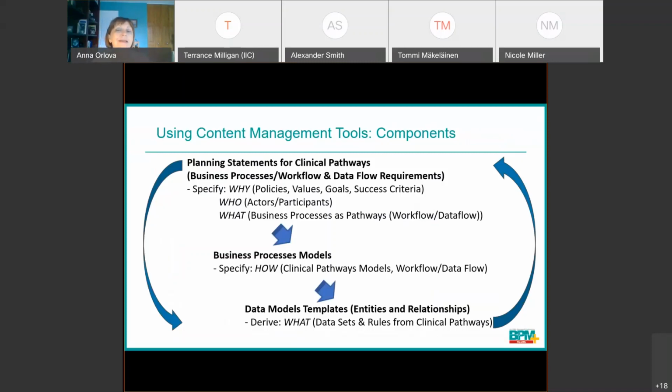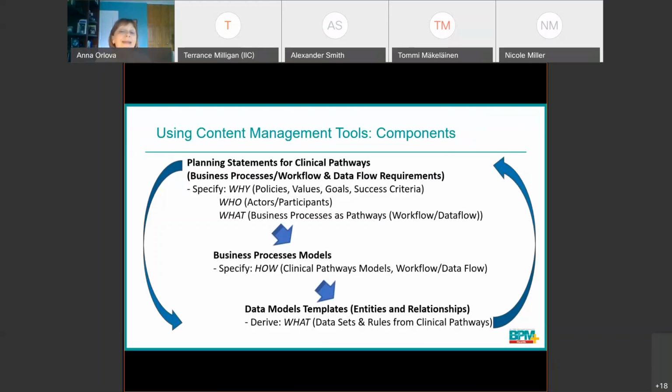And those clinical statements were focused on identifying the policies, the participants, and specific business processes, answering the questions of why, who, and what needs to be done in the particular business case. And then we transitioned into how these business processes could be described in the clinical pathways, but also modeled.